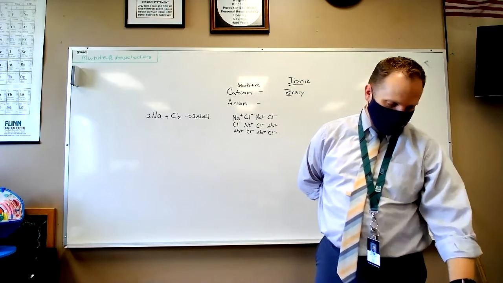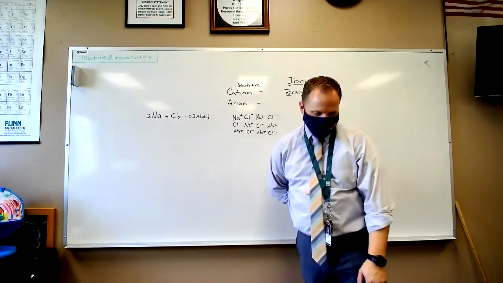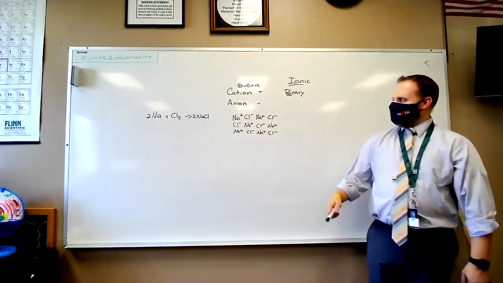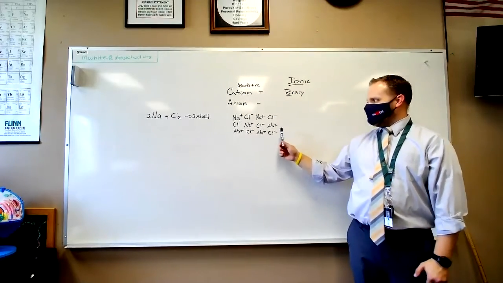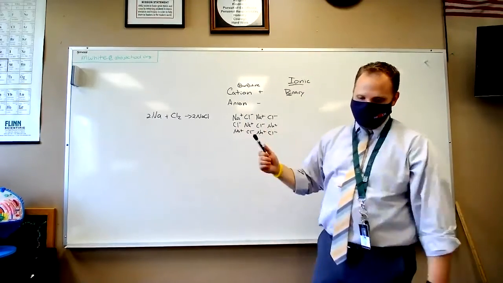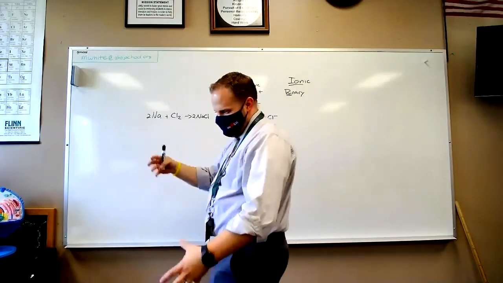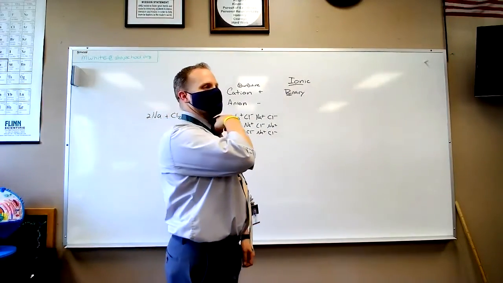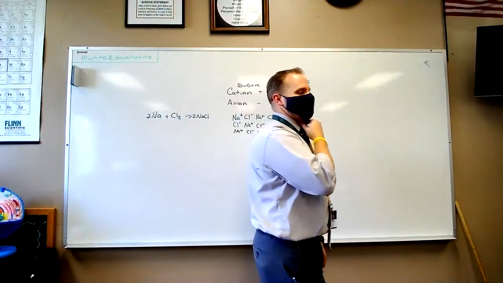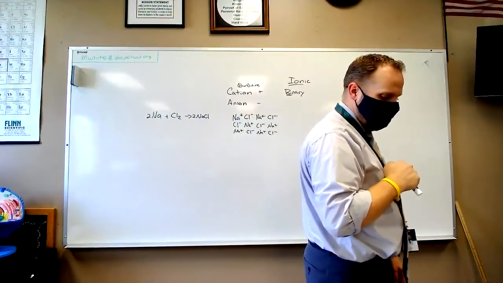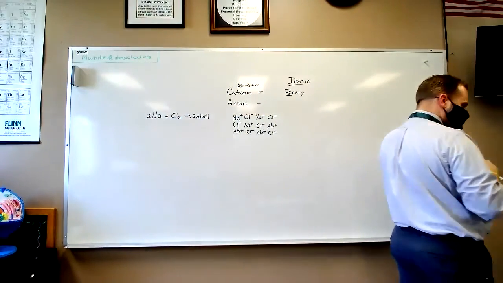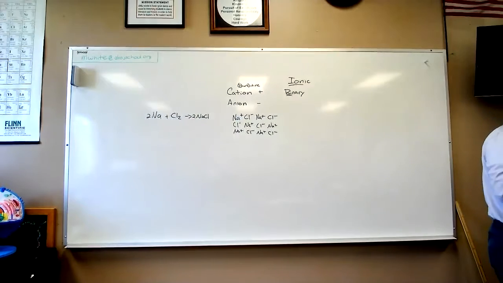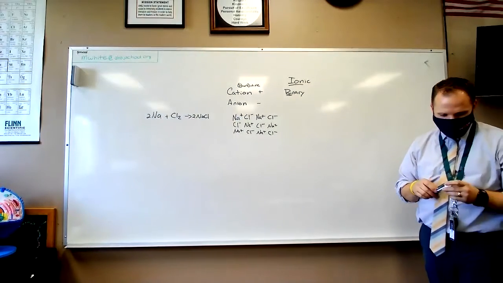Yeah. So now this is what we call a crystal, a repeating pattern. Crystal chemistry gets very complicated very quickly. We're not going to do very much with crystal chemistry at all.